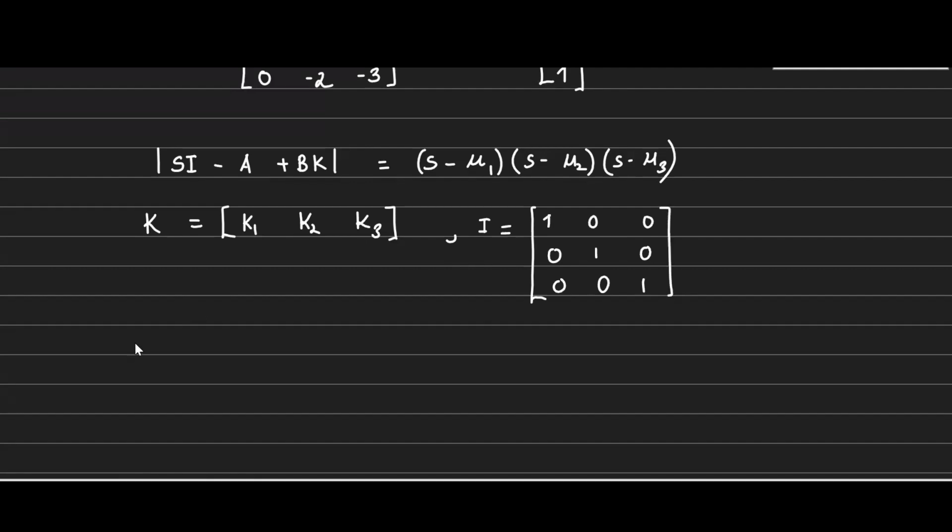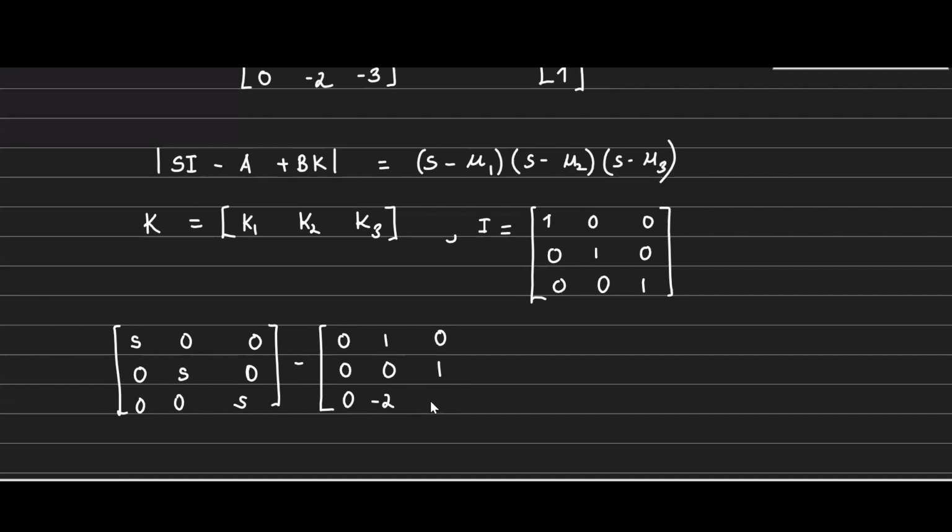Now let's multiply that by s. So we're going to have s, 0, 0, and then 0, s, 0, and 0, 0, s. That's sI. Minus A. Our A matrix is simply 0, 1, 0, and then 0, 0, 1, and then 0, negative 2, negative 3.